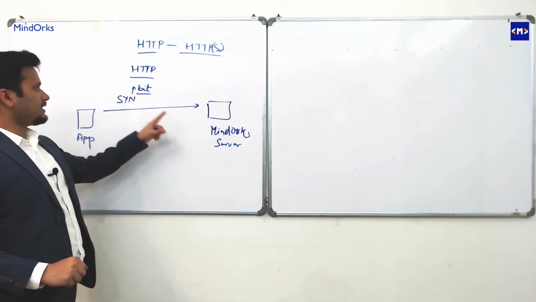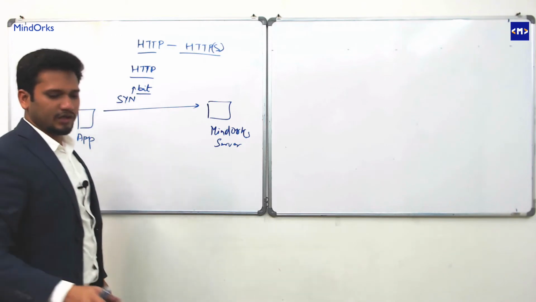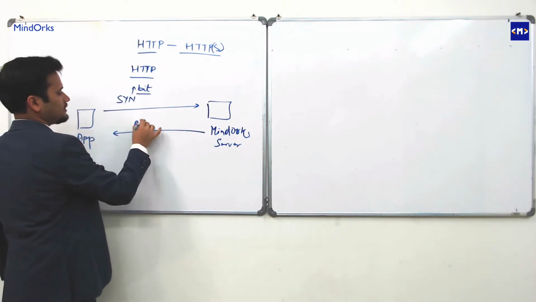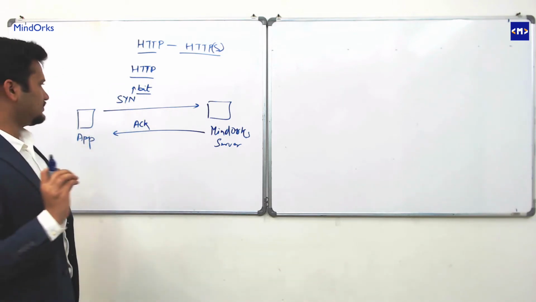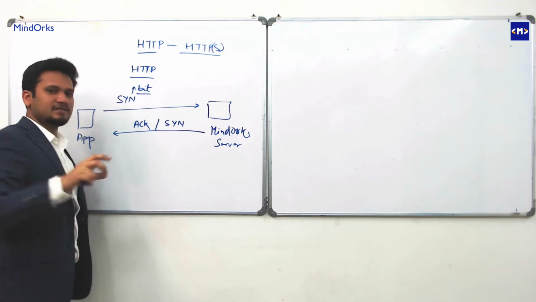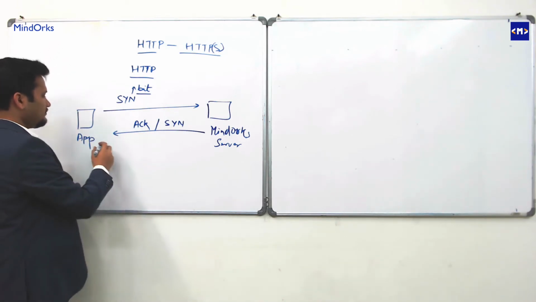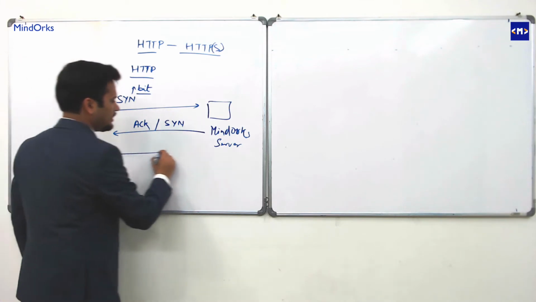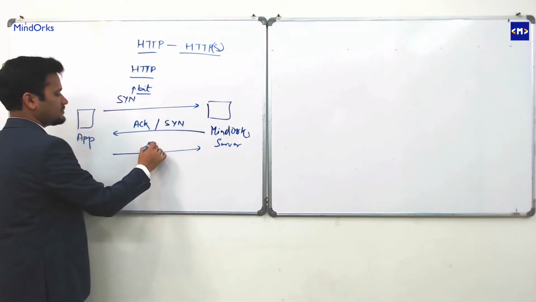On receiving that sync bit, the server will reply with an acknowledgement that it has received that bit, and it will also send another sync bit. Finally the app will receive the acknowledgement and sync bit, and then it will again reply with an acknowledgement.